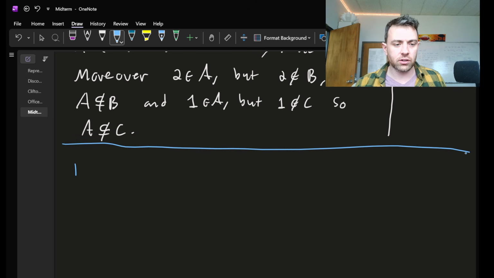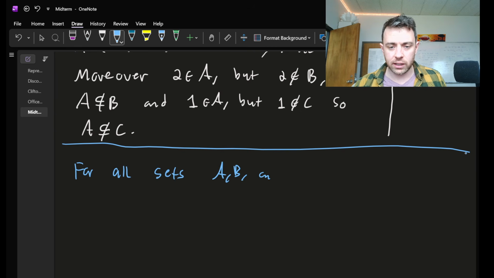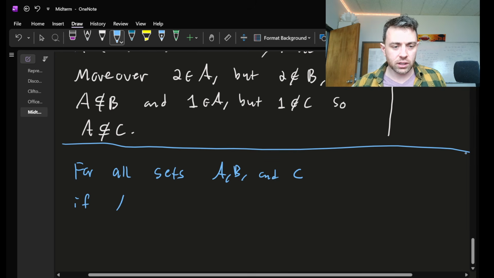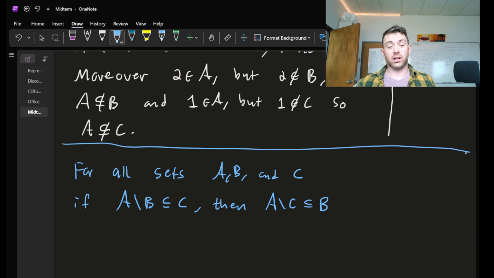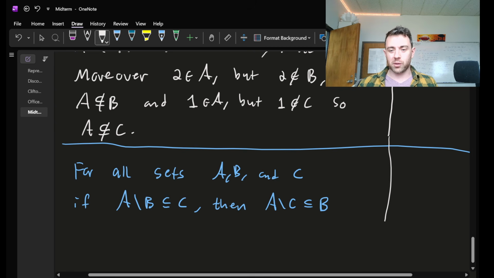the next statement is for all sets A, B, and C, if A set minus B is a subset of C, then A set minus C is a subset of B. I think we might have even done this one in class, but definitely I know from the few students that show up to my office hours, I know that this one is in the homework problems.